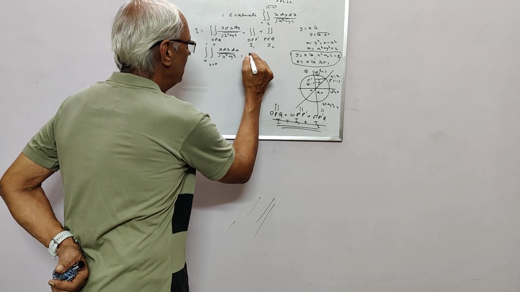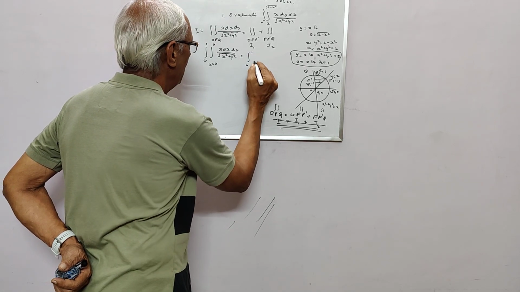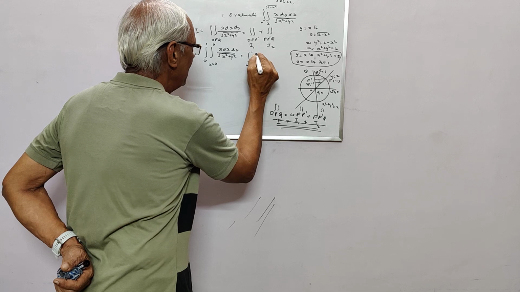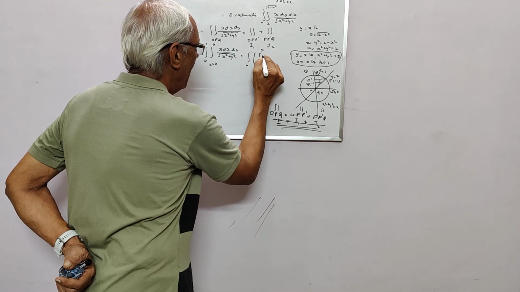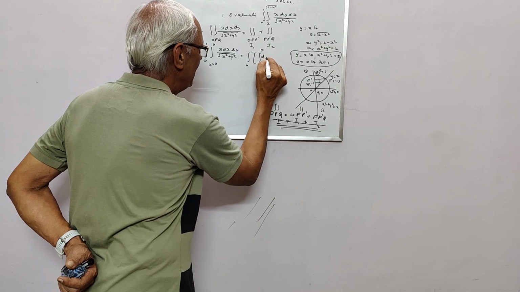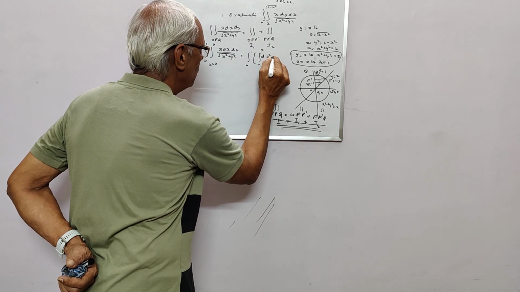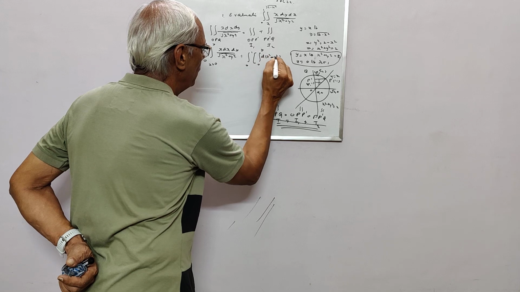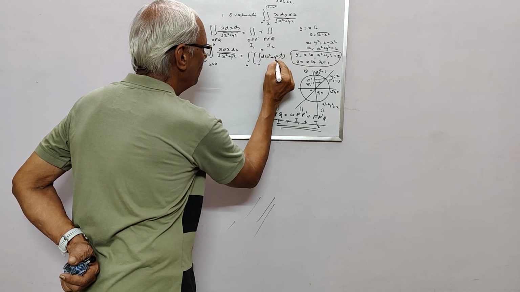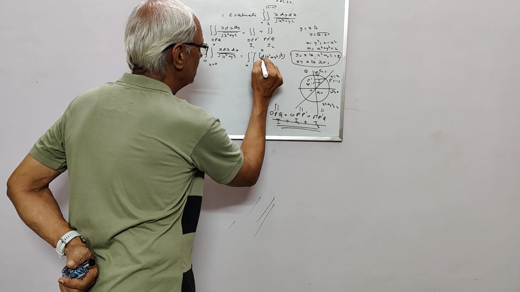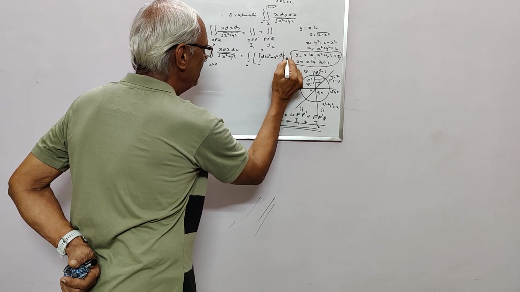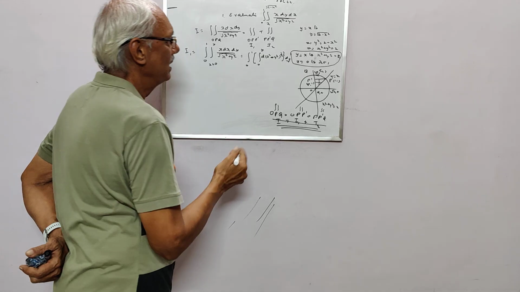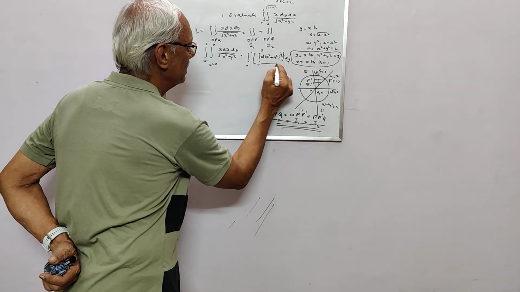Now, I will write here 0 to 1, and I will write this as it is, 0 to y, and here I will write it as d of x squared plus y squared whole to the power of half. Keep this in a bracket, and then you write dy. Now you see that something I have written here.